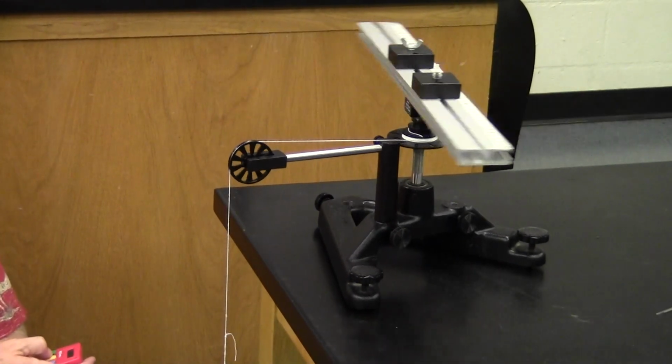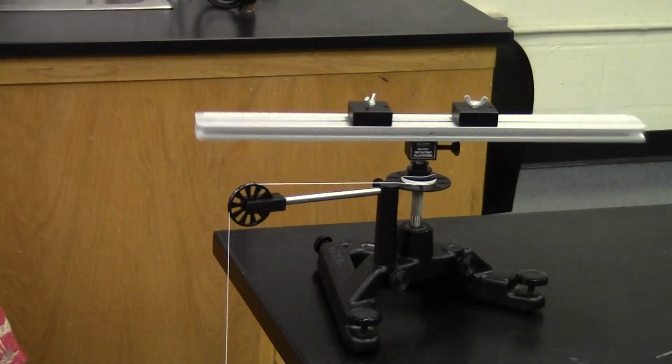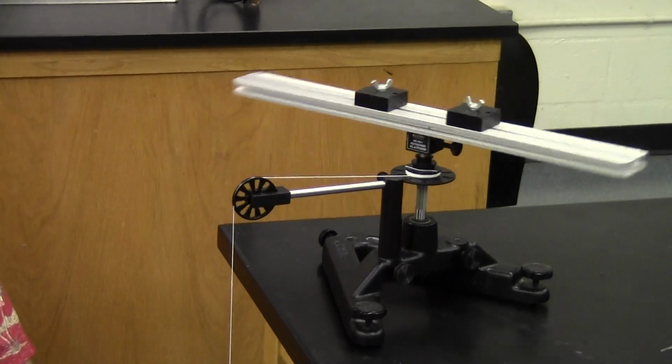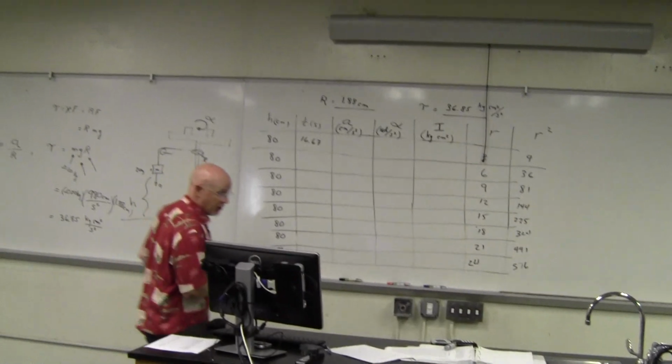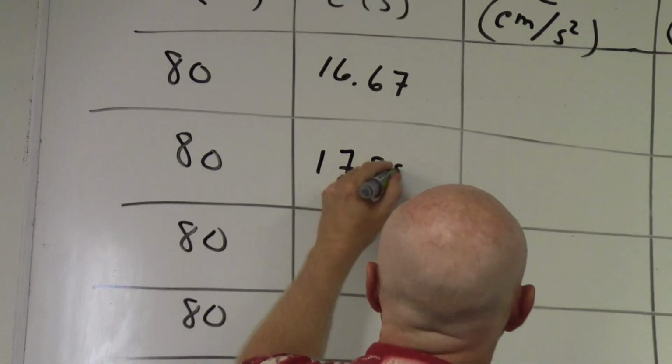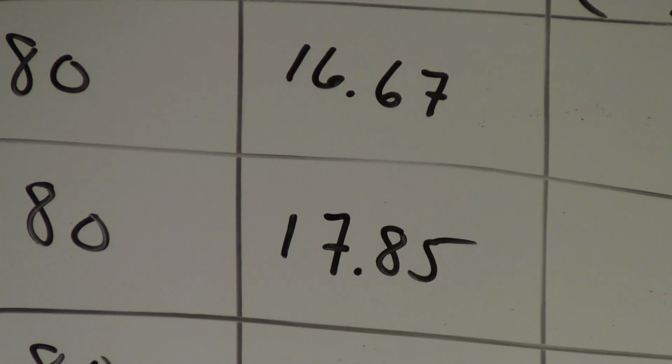And I'm hoping, as I said, that this will take a little bit longer. That means it's harder. It's got more inertia. Ready, stop. All right, and so I'll write this one on the board. 17.85. And sure enough, it took a little longer.